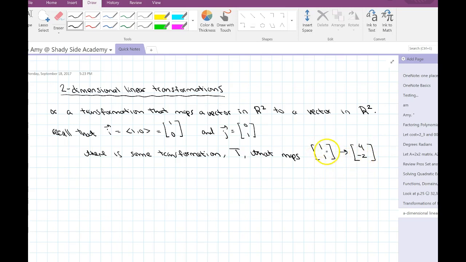If I asked you to find a relationship between (1, 1) and (4, -2), there are infinite possibilities.